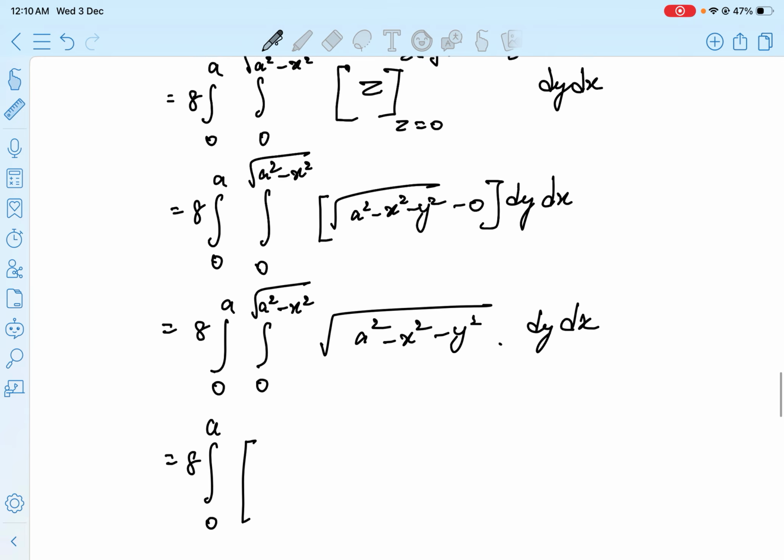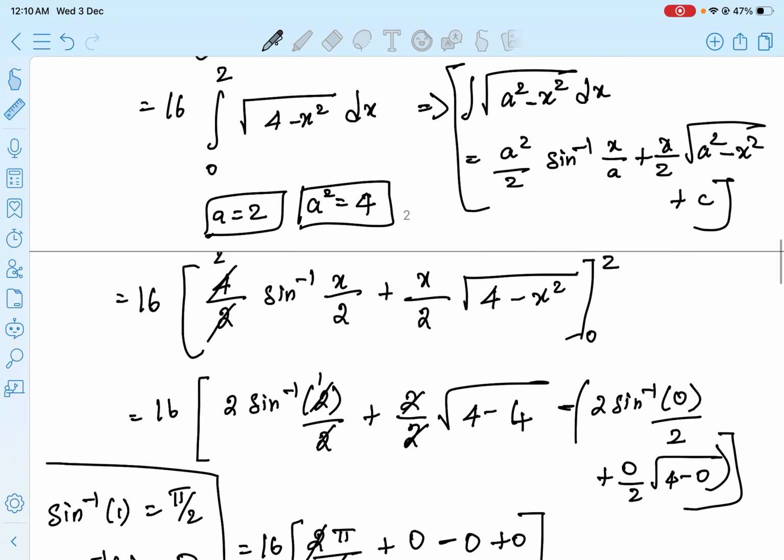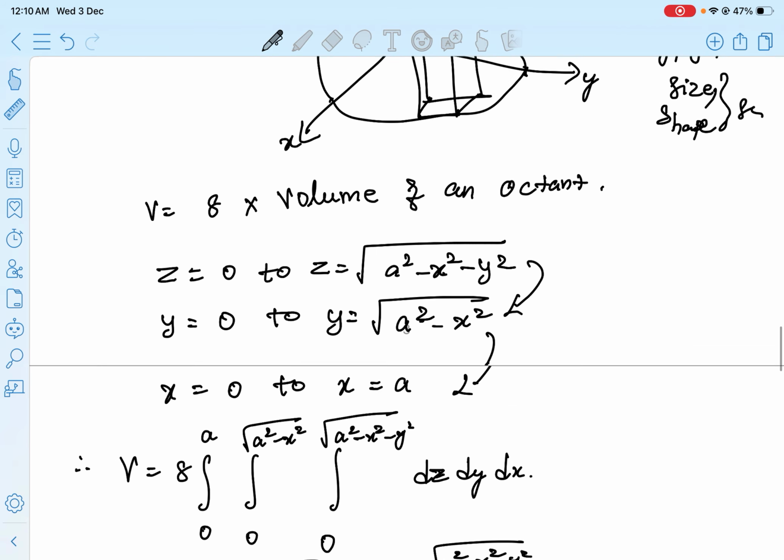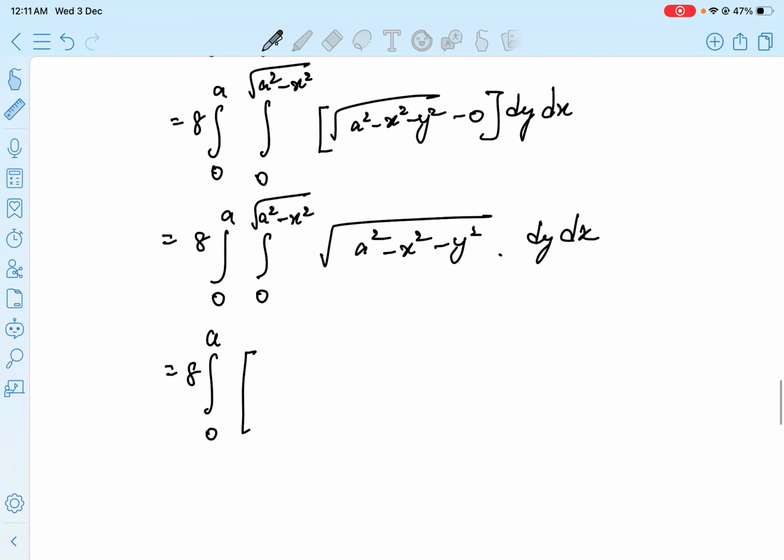So the form of a square by 2. What is our a square? So this is our a square.